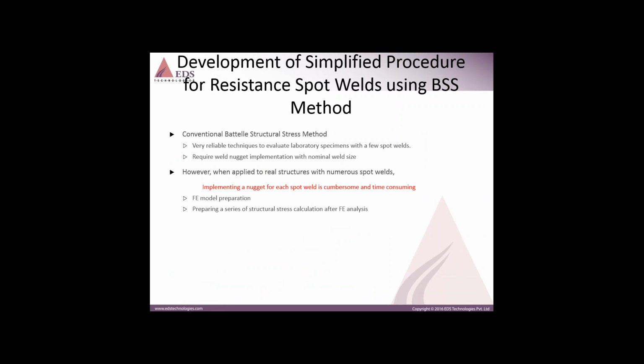This takes time, and it's a bit of a bother. If you have a few spot welds, it doesn't matter. But if you are looking at something like a unibody where thousands of spot welds are there, it is going to be a big headache.